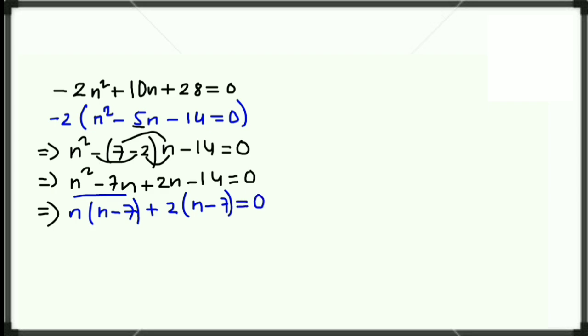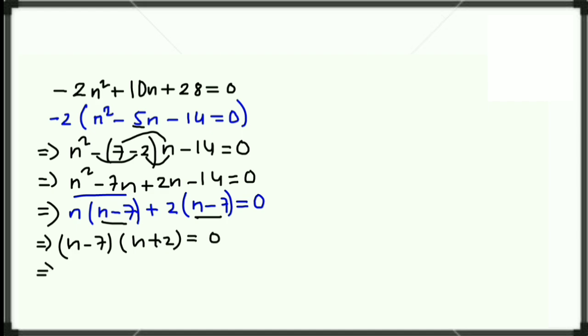Now n minus 7, n minus 7, so n minus 7 is common, then here remains n plus 2 equal to 0.